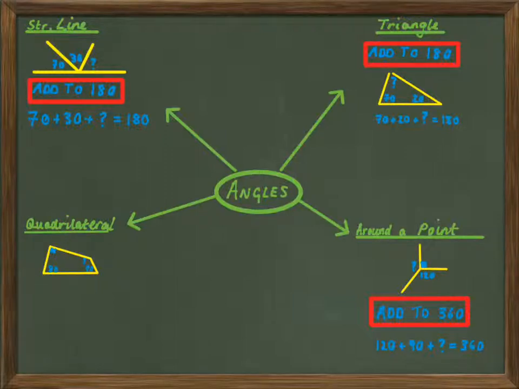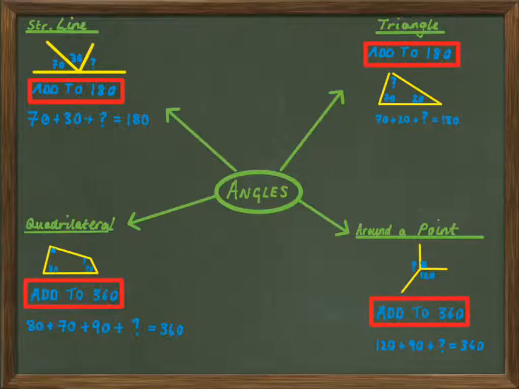That's just my little example. The fact here, as long as it's got 4 sides, it has to add to 360. Now this is as important as the triangle one. They tend to be the most common. Triangles add to 180, quadrilaterals or 4-sided shapes add to 360, and then you do exactly the same. 80 plus 70 plus 90 plus the question mark equals 360, and then you'd work through that to find out what the question mark was.